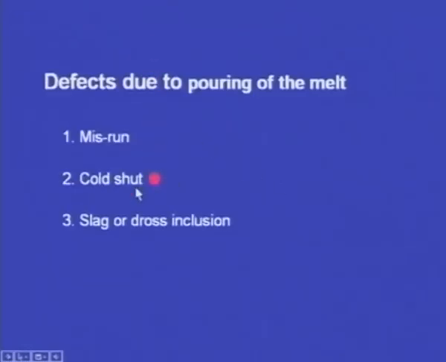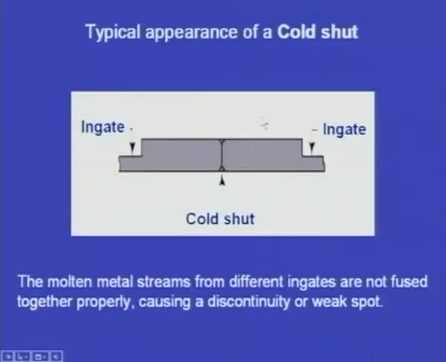Next, let us see the cold shut in this classification. This is the typical appearance of a cold shut, and here we can see a long casting, and here there is one ingate and here there is one ingate.